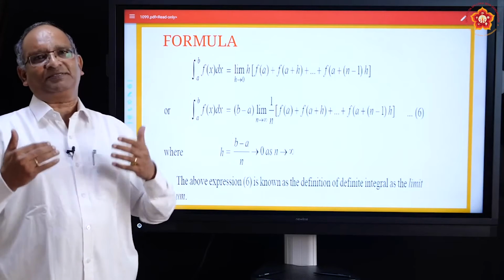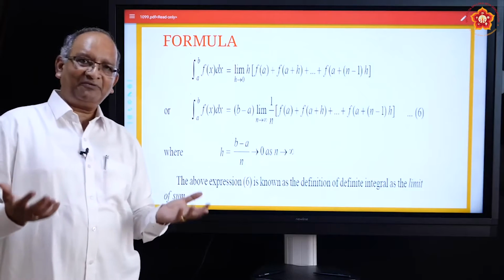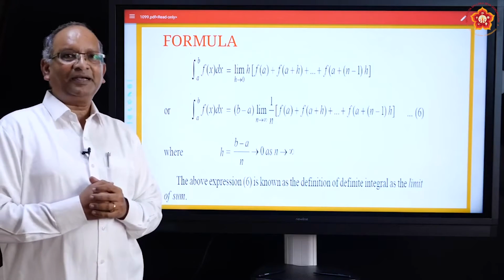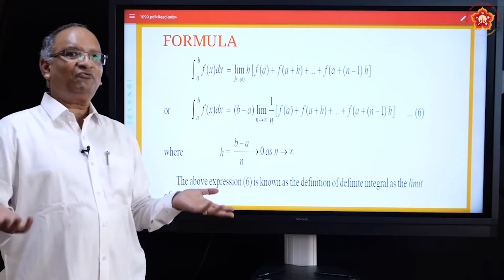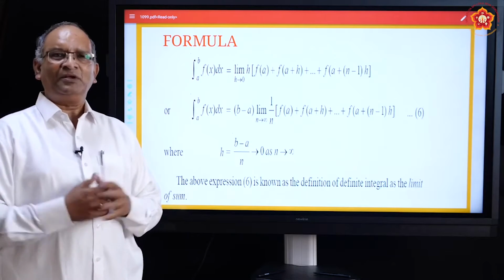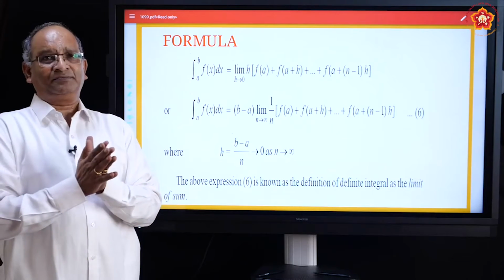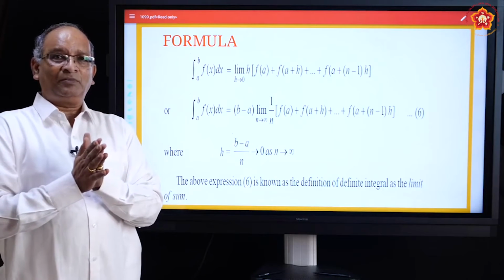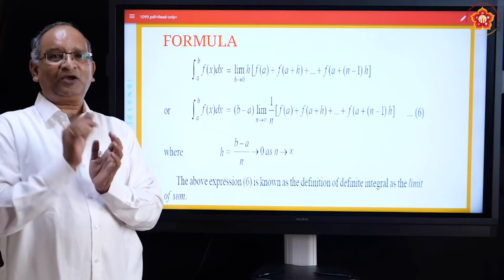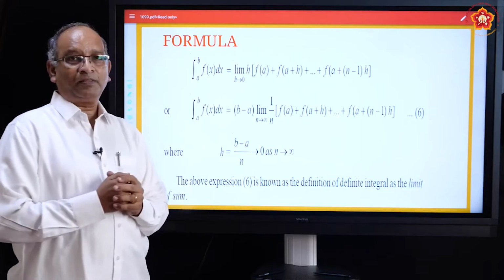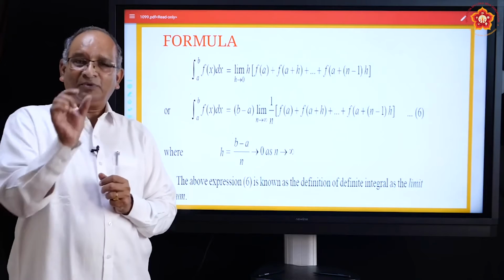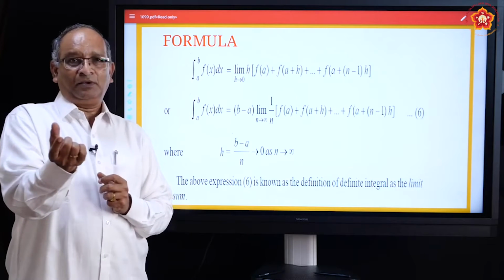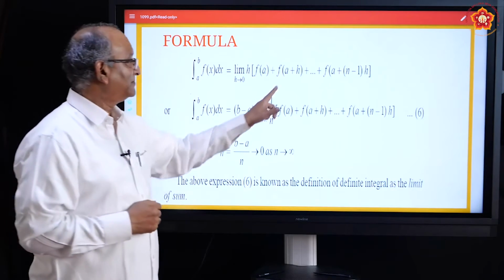It's a little lengthy process, but this is one of the methods to calculate area. And what is the formula we finally derive? Just the addition of these things. What is the first one? When x was a, we call it f(a). For the next strip, plus h is added, so it becomes a plus h.